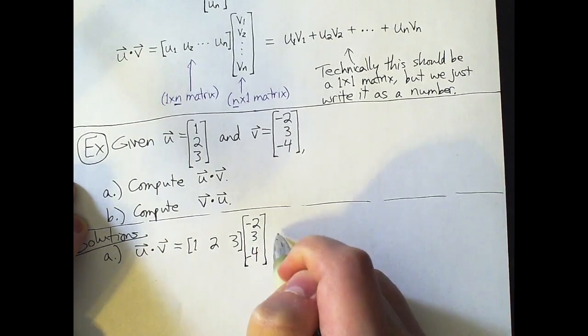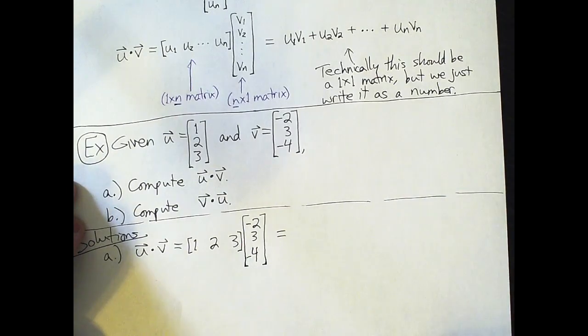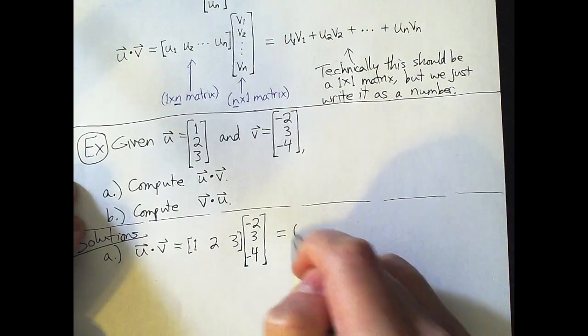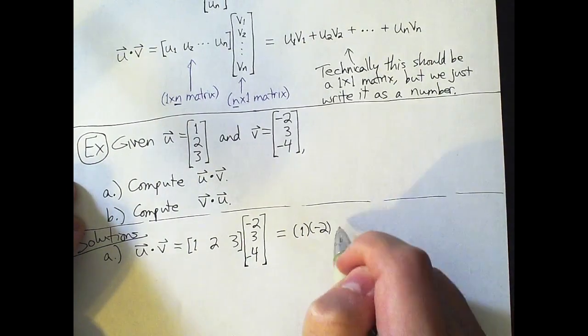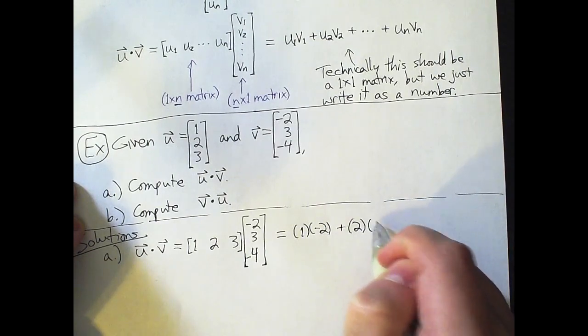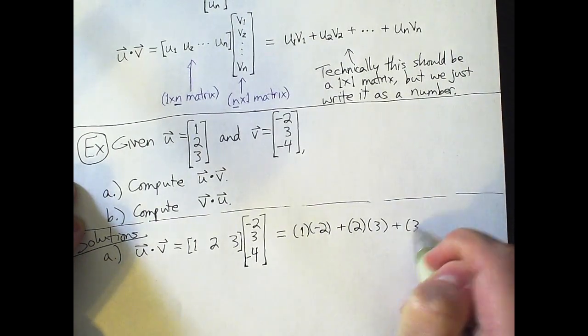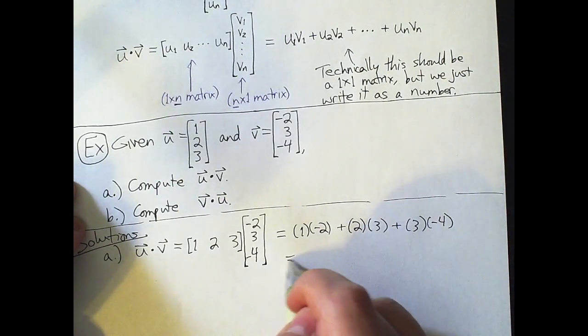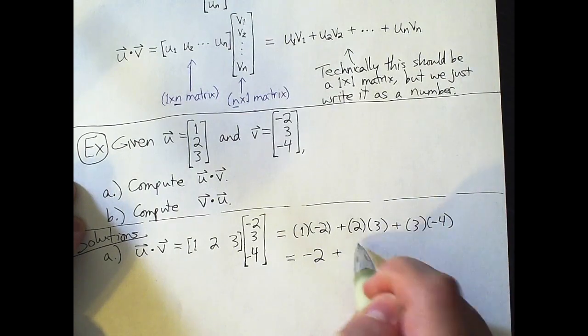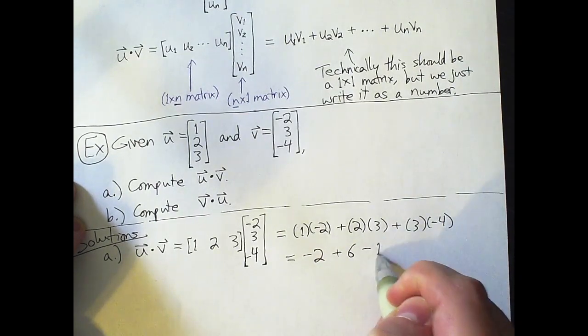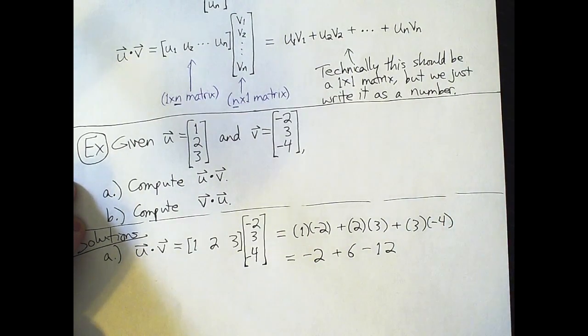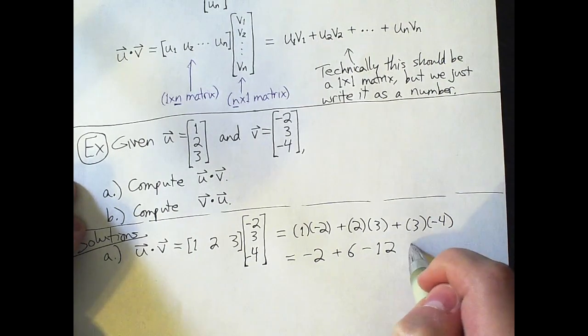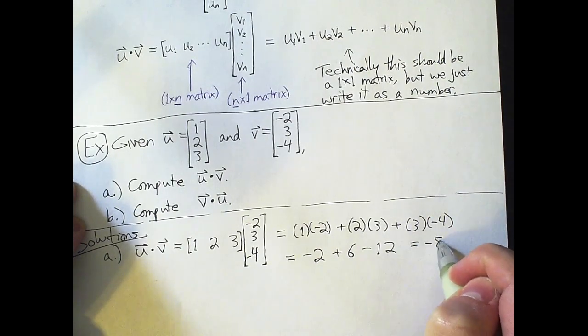And when we perform this matrix multiplication, we're going to get 1 times -2 plus 2 times 3 plus 3 times -4. I guess I didn't have to write so many parentheses, but I did. So we got -2 plus 6 minus 12. So you see you just get a number out of this. And the number I get is -8.